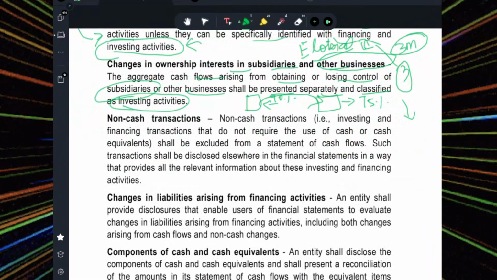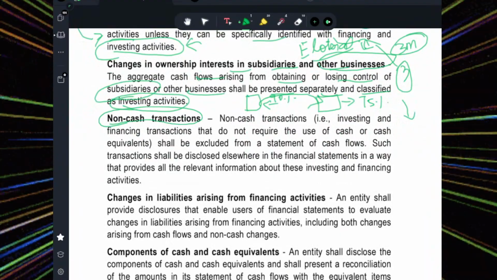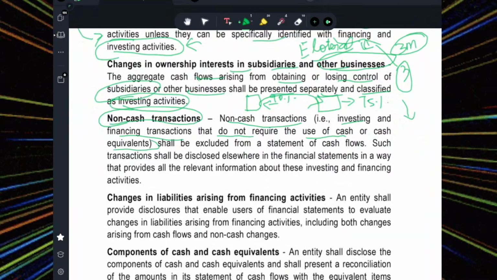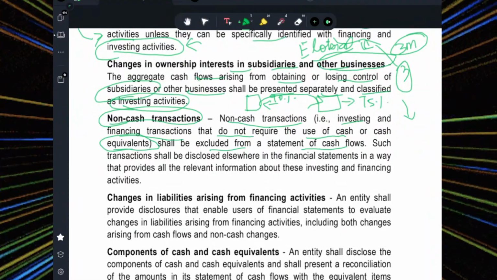You should not disclose it somewhere else. You should disclose separately. Non-cash transaction. What is a non-cash transaction? Non-cash transactions are investing and financing transactions that do not require the use of cash or cash equivalents. You don't require to use cash and cash equivalent. They shall be excluded from the statement of cash flow. So a non-cash transaction should not be in the cash flow.